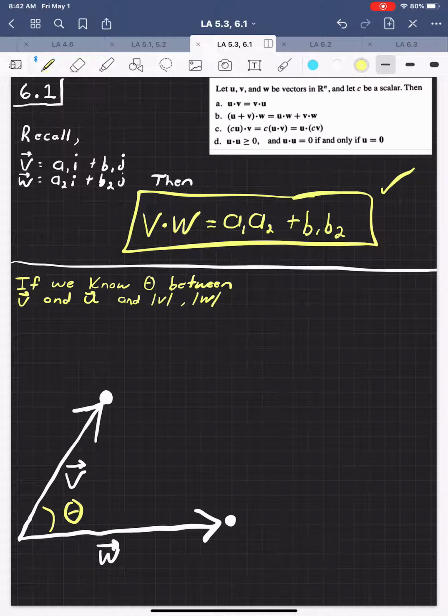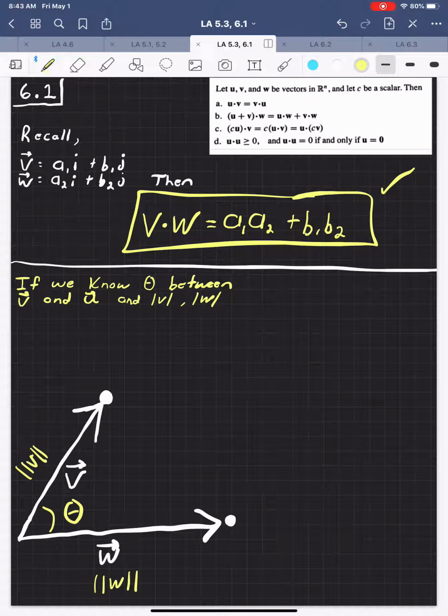What you know is the length of V, and we know the length of W, and we also know theta, the angle between V and W. Well, what if you took the product of all three of those?